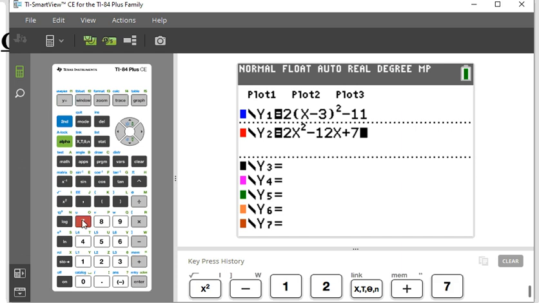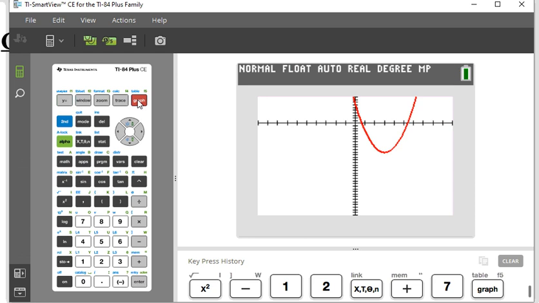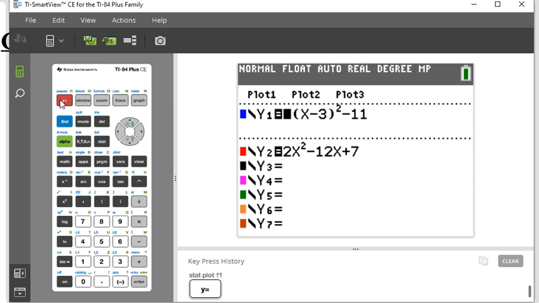When I graph this, I have two parabolas here, but it should only show up as one parabola. Well, my settings aren't very good, but we saw when we did that, the first parabola got covered by the second parabola, which is perfect because each form should represent the same thing.